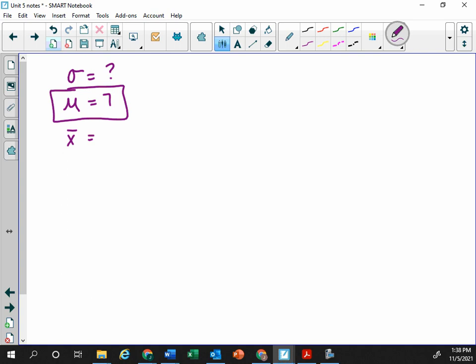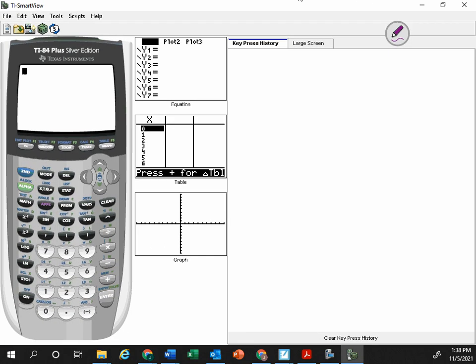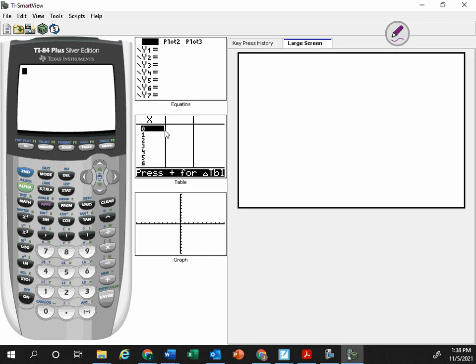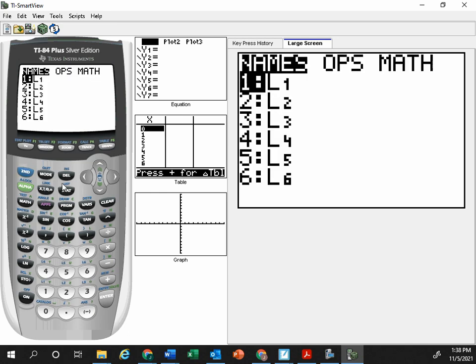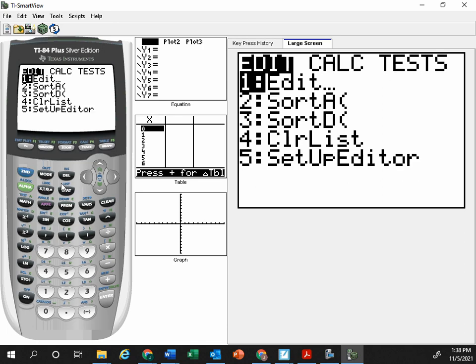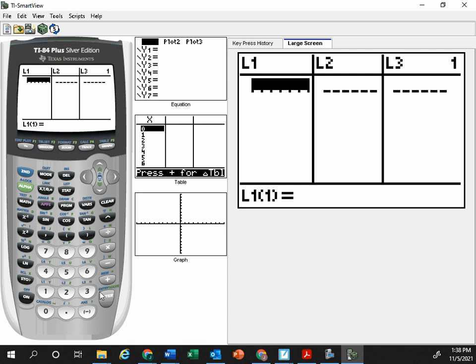So guys, get out your calculator. I'll open up mine. Question. Okay, so we're going to go into the list. And you do that just by hitting stat and then edit. And that allows you to enter values into your list.